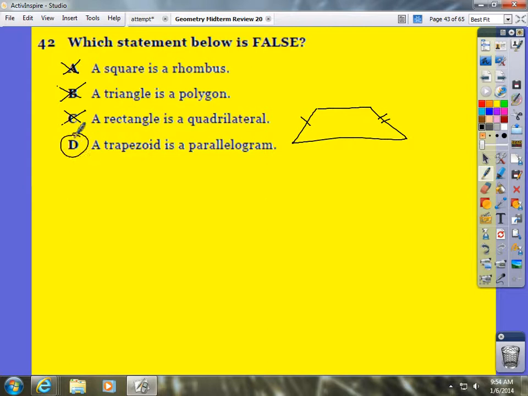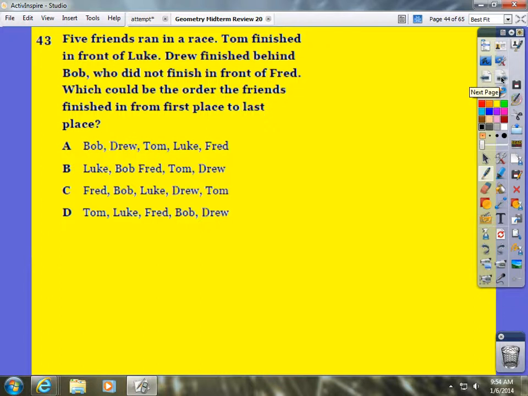5 friends ran in a race. Tom finished in front of Luke. Okay, so I'm just going to say this is the finishing line here. Drew finished behind Bob, who did not finish in front of Fred. So Bob was behind Fred and Drew. Okay, so Bob is behind Fred and Drew, but I don't know where they were.